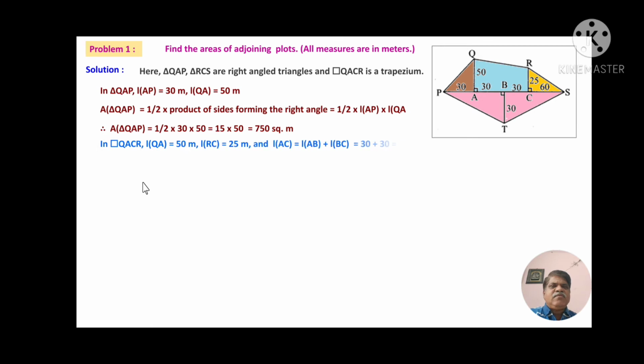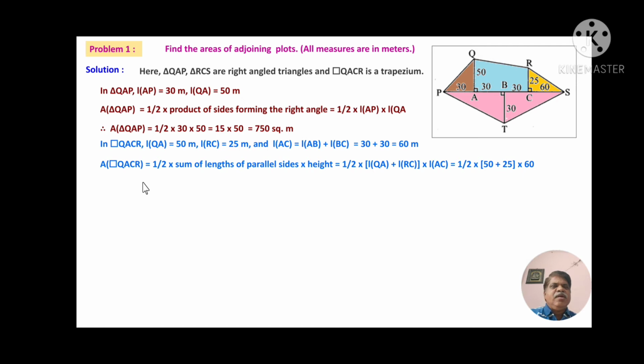Next, we will consider quadrilateral QACR, where length QA is equal to 50 meter, length RC is equal to 25 meter, and length AC is equal to length AB plus length BC, which is 30 plus 30, 60 meter. Now area of this trapezium QACR is equal to half into the sum of lengths of the parallel sides into height, which is half into (QA plus RC) into AC.